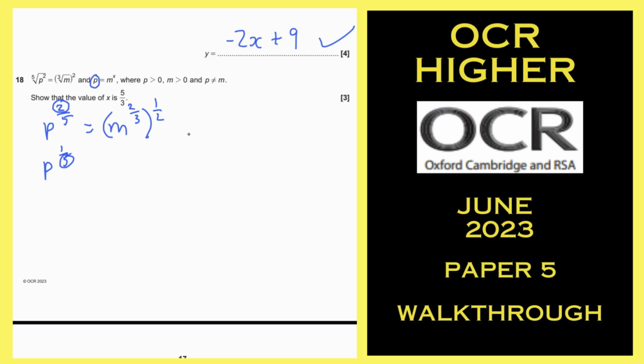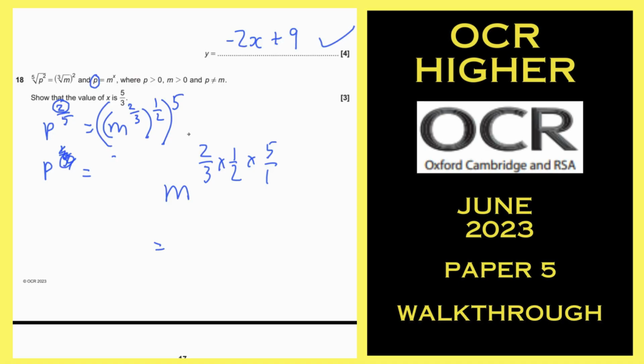If you want to get rid of a 5 on the bottom, bosh, you raise it to the power of 5. But whatever you do to the left, you do to the right. Which looks very complicated, but don't forget, power to a power to a power just means multiply those powers. That's all it is. So when we want p equals, we're going to have m to that power.